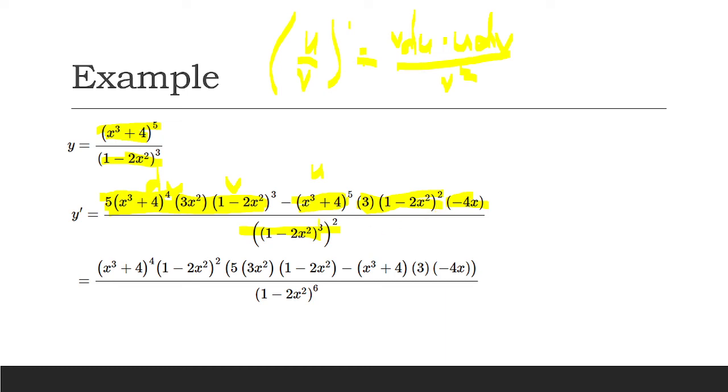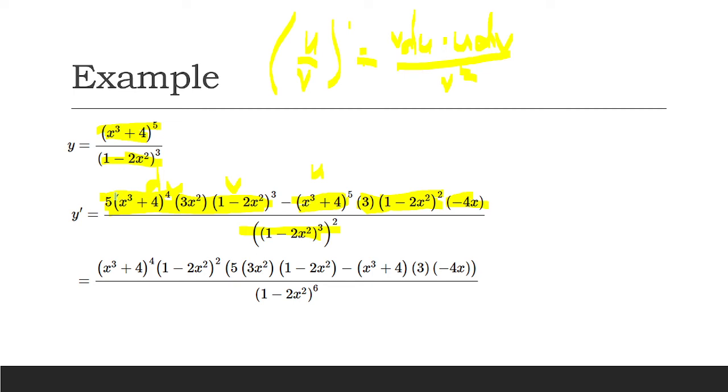Okay class, sorry. What we did is, since we have 1 minus 2x squared raised to 3 here, and 1 minus 2x squared raised to 2 here, we factor out (1 minus 2x squared) raised to 2. Apologies about that. We factor out what is common to the two terms. What is common to our two terms? Let me change the color so it is easier to identify.